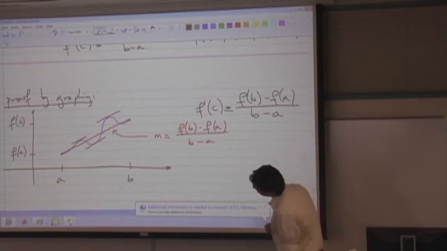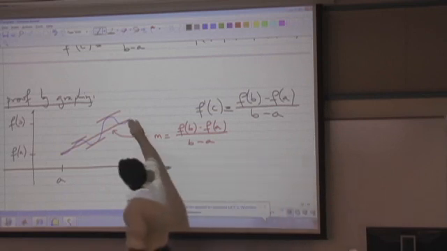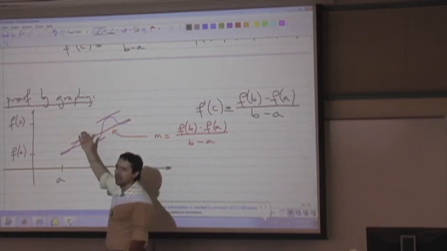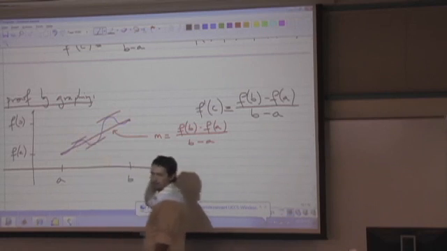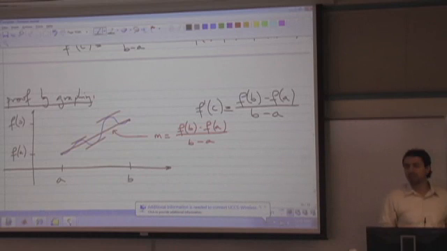If you tilt your head, in this case about 32.5 degrees, where this line is horizontal, that would be Rolle's theorem, right? Is everybody seeing this? Yeah? And so that's basically, intuitively, how you prove it. Is this making sense?